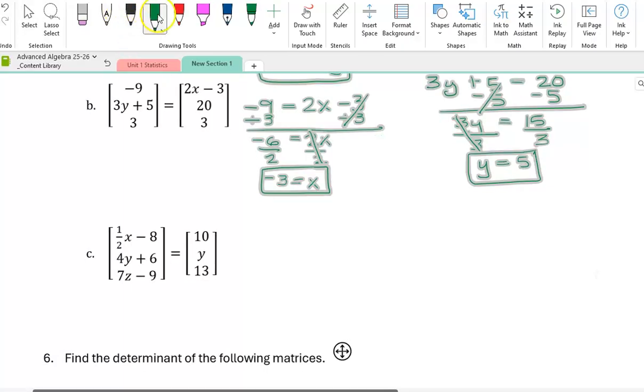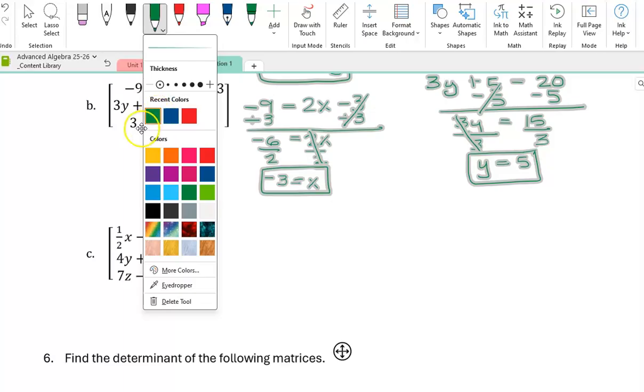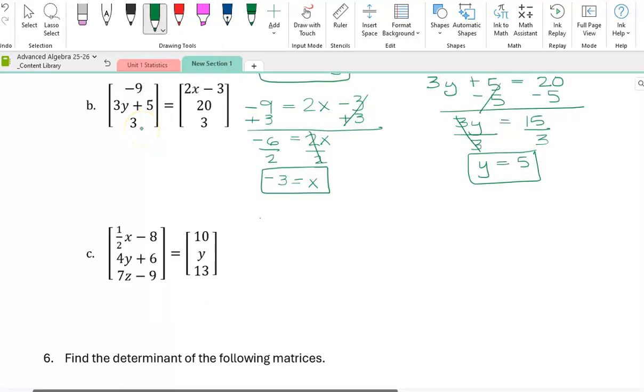Again, we're doing the same thing. We're just practicing. So we have 1/2 x minus 8 equals 10. All right, so I'm going to add 8 to both sides first. Always do my addition and subtraction in algebra first. And I'm left with 1/2 x equals 18.